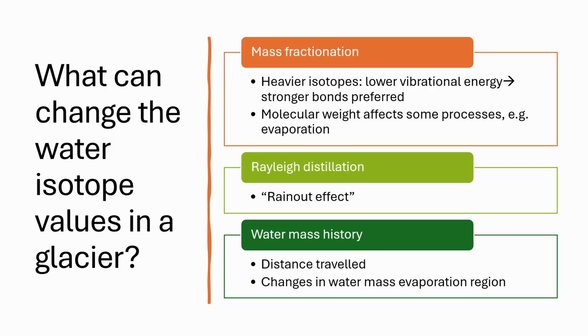So distance traveled impacts this. If the water mass has traveled farther from the location it evaporated at, then the isotopic values will be more depleted in the heavier isotopes. And if the water mass region of evaporation changes, this will be reflected in the isotopic values in the ice core as well. So some of the most depleted values we see are in very remote locations in eastern Antarctica.